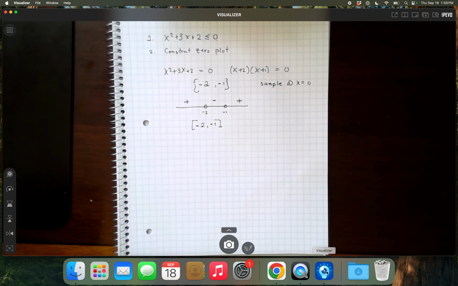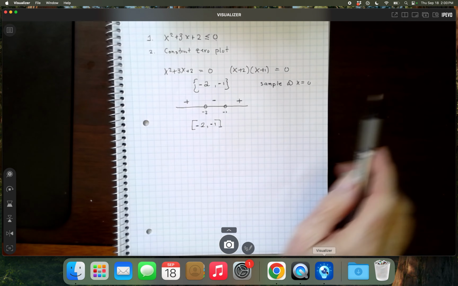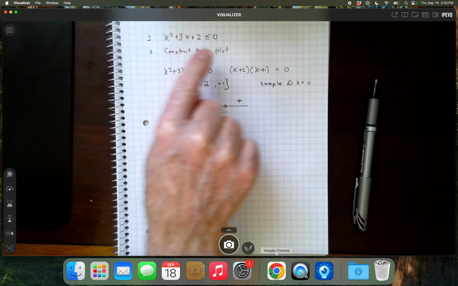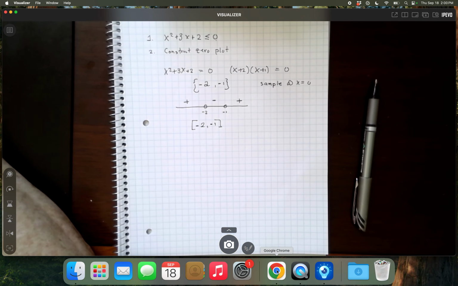Well, that's all we need to know for now about quadratic inequalities. We showed you how to solve them using a zero plot. We did 3 examples. Let's take a little look at one of these examples. x squared plus 3x plus 2. We want to find out when that one was less than 0.